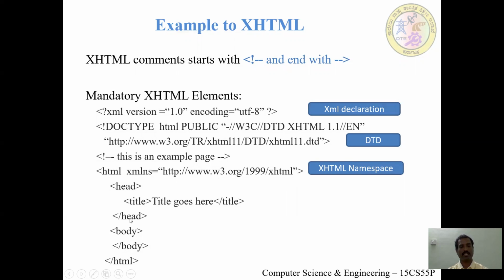Okay, close the title tag, then close the header tag, then open the body tag. In the body tag, we need to write whatever we want to display on the screen. Right? Then close the body tag, then close the HTML tag. Save this document with the .html extension and open it in the browser to see the output.